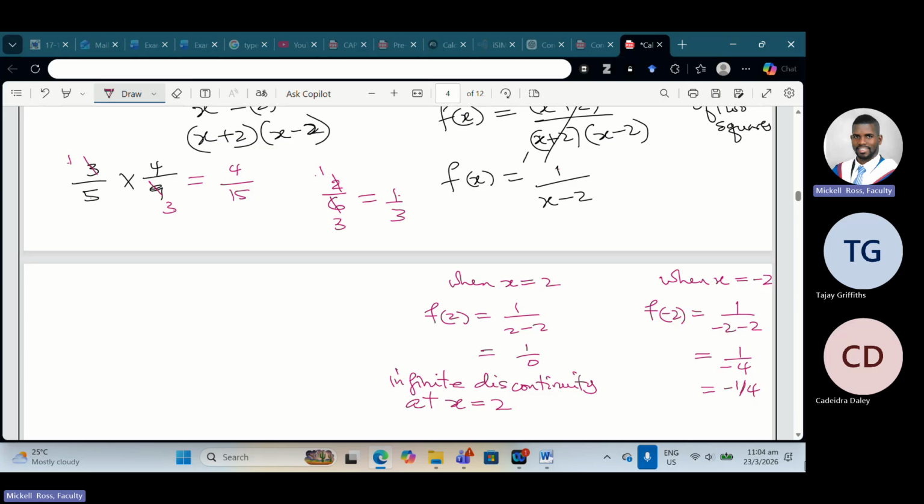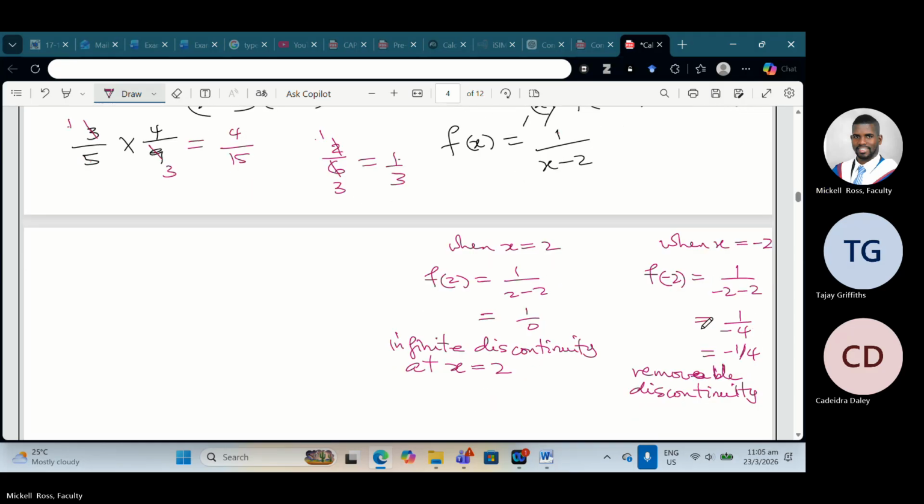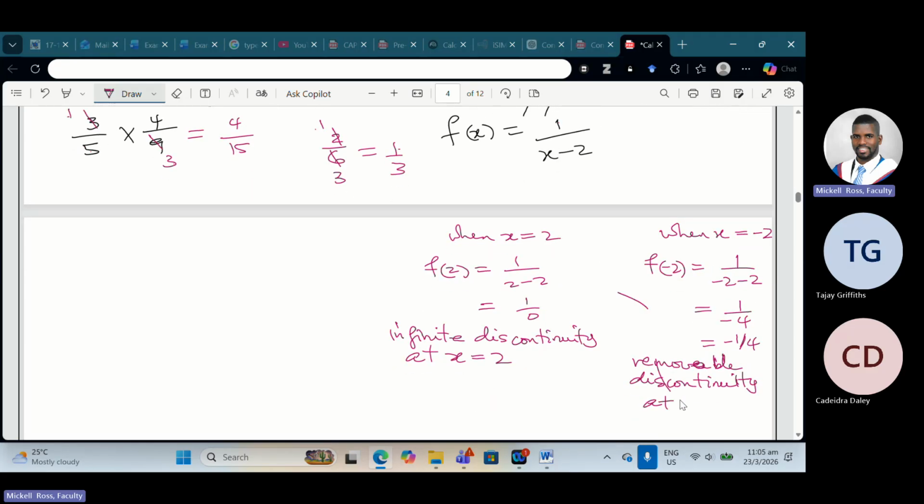Because you get a definite answer here, this is what we call a removable discontinuity at x equal to negative 2.